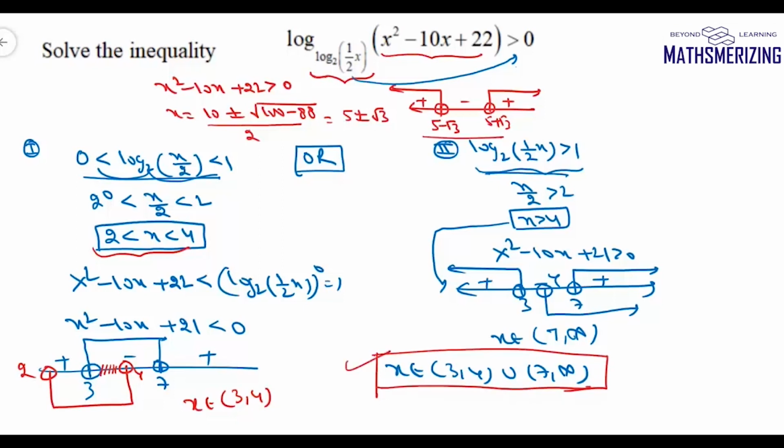So if I take the intersection, the result I'll get is: either it'll lie between 3 and 4, or it will be greater than 7 from this, or it should be less than 5 minus root 3. Now 5 minus root 3 will be 3 point something.